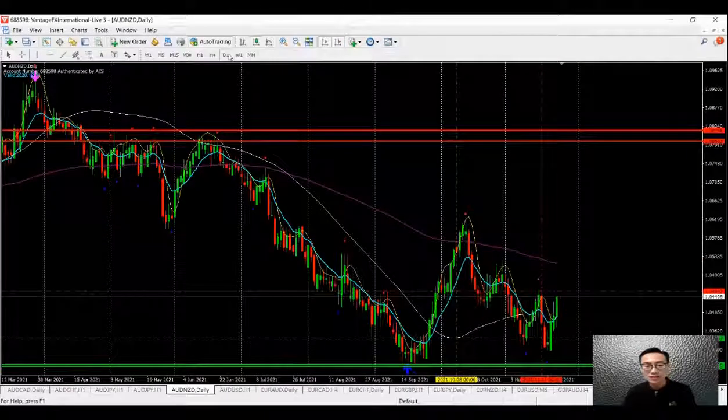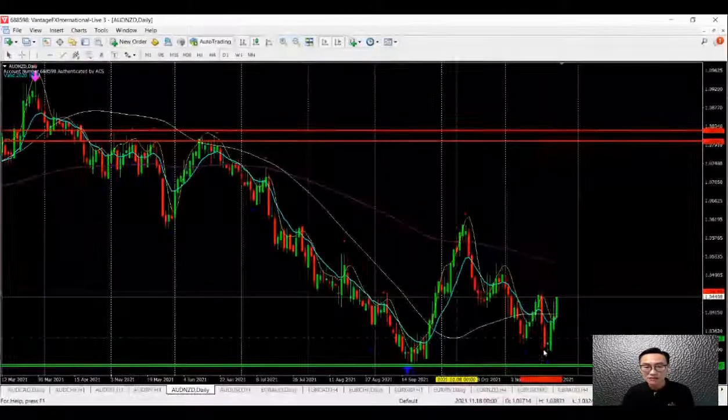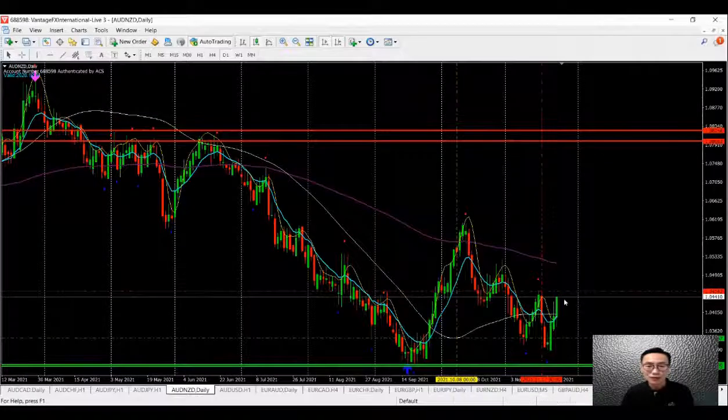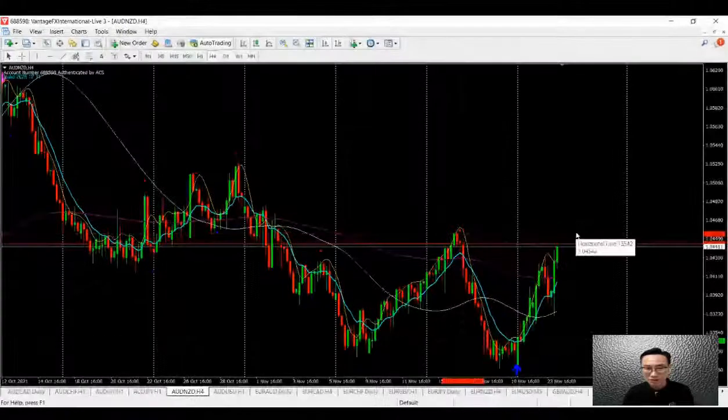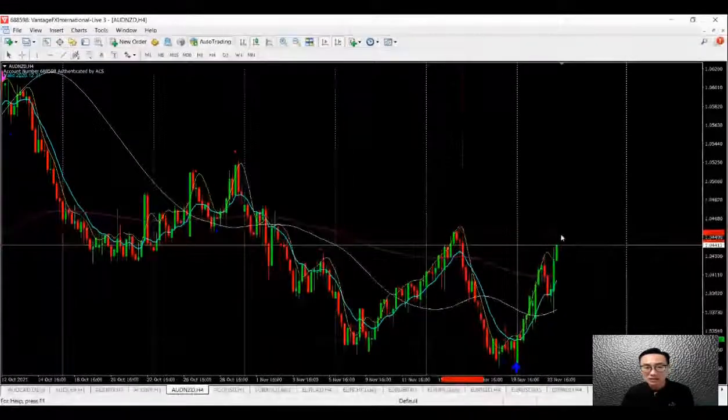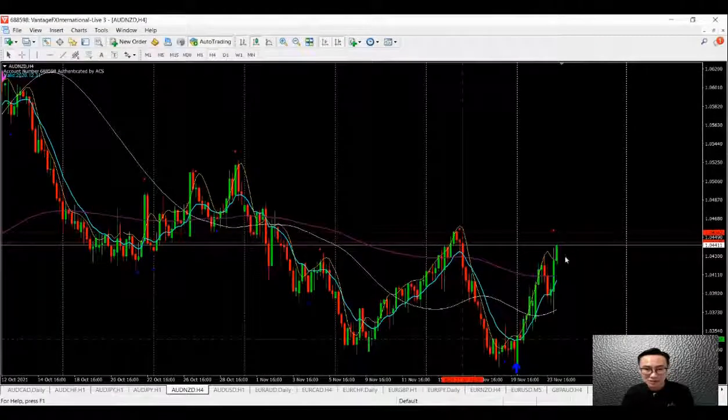Aussie Kiwi, yes, as you can see, yesterday, as I mentioned, we have already started the bull running up. So today we are still on the buying side. Buying is still possible, but space is very limited over here. There may be some retracement and then a push again to break the resistance.